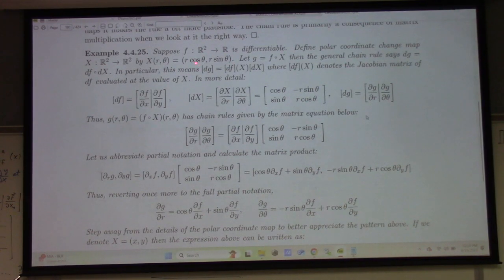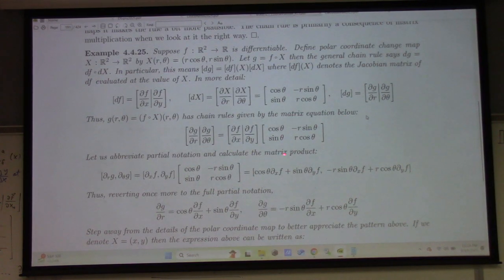And the Jacobian matrix of this map is simply this 2x2 matrix. These derivatives should be familiar from last class, right? We did all these. And the Jacobian matrix of f is just this row vector, which is just the gradient of f put sideways. If you multiply this row vector times that 2x2 matrix, Math 221 tells you that this works out to that.